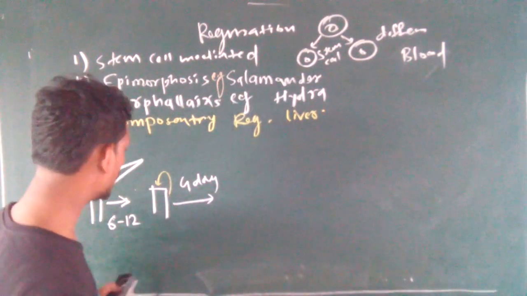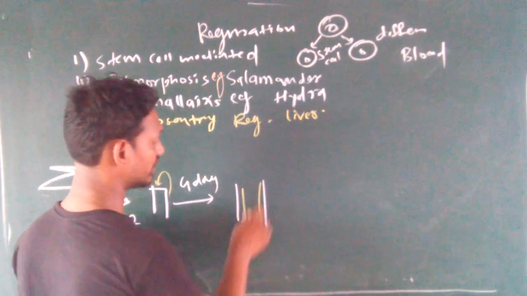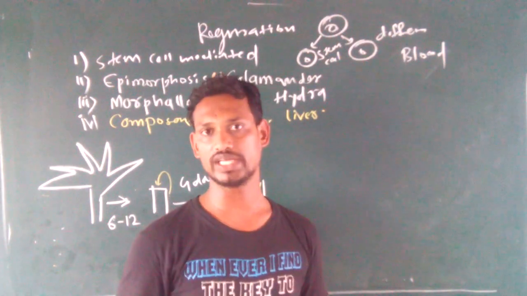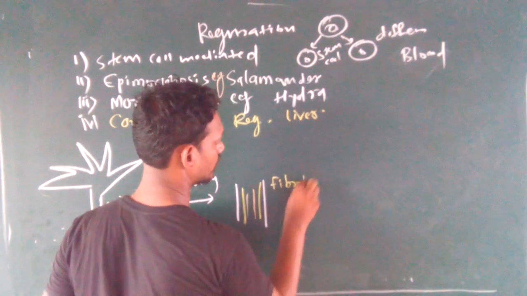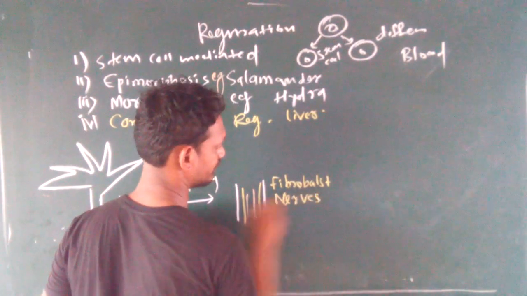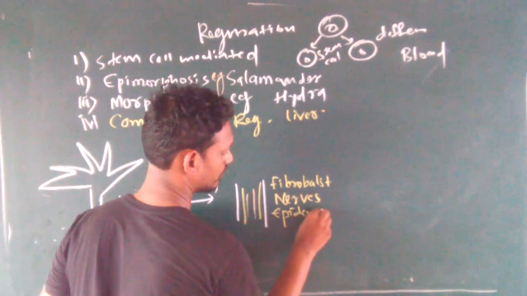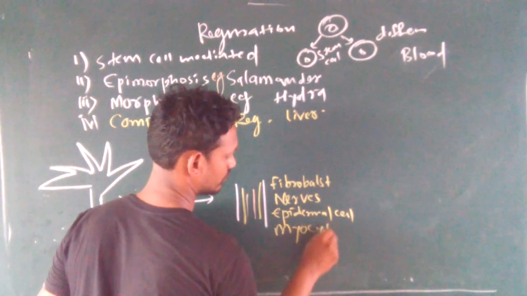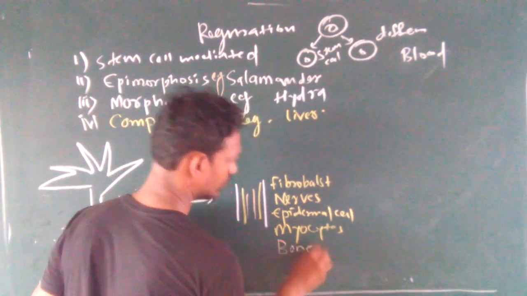Now, what happens during the upcoming 4 days? The cells which are present inside the amputated limb, for example the fibroblasts, muscle cells, myocytes, nerves, bone, all are present here.